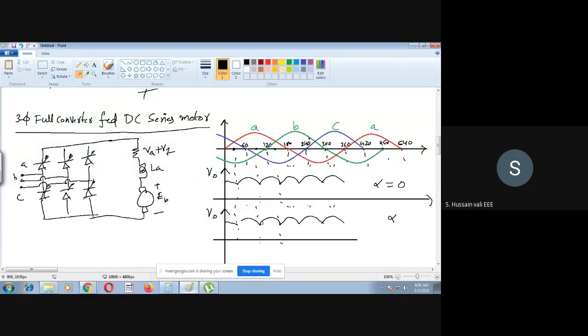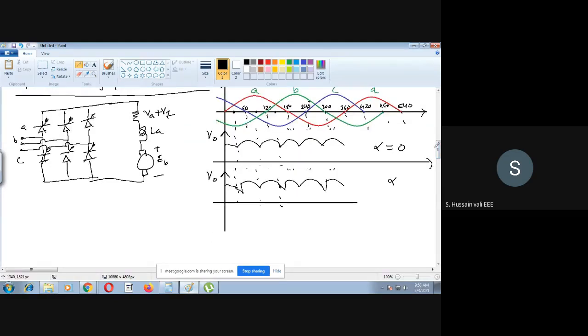Delay you will find out here. So this you will find out when it is alpha.